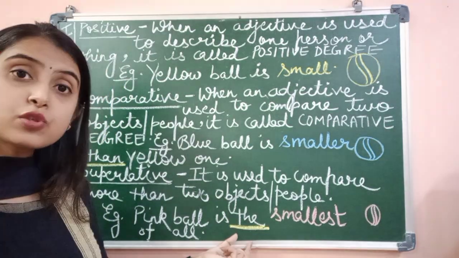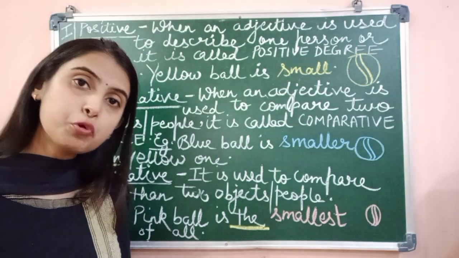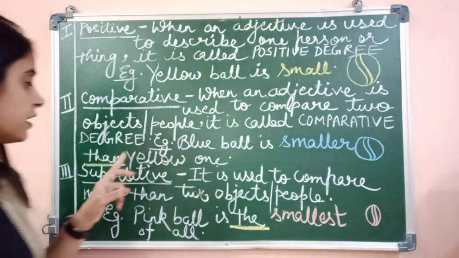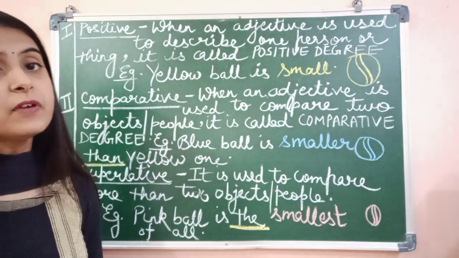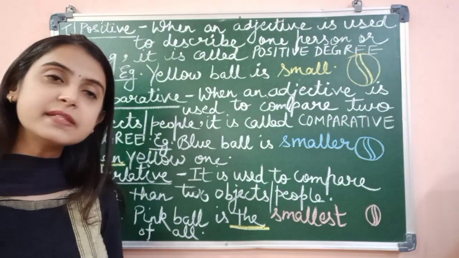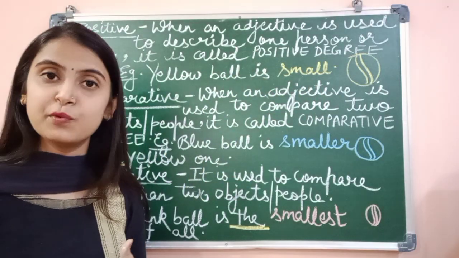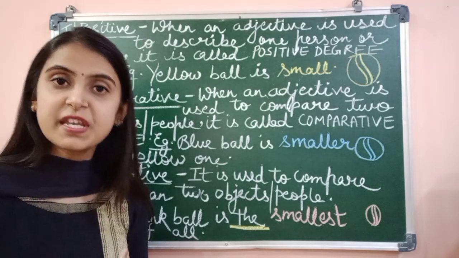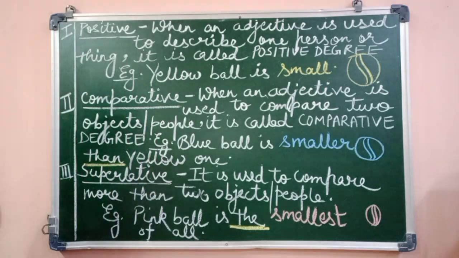In articles also you must have learned that article the is used with superlative degree. So in comparative degree we have than and in superlative degree we have the. And positive degree means no comparison. So it's just a statement where we make no comparison with any other object or any other person. I hope children this is clear to you.